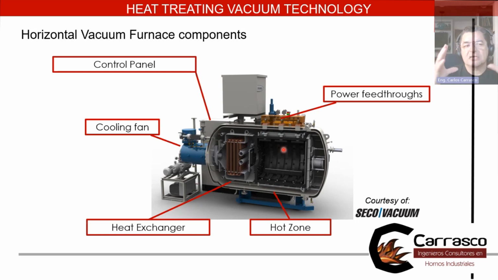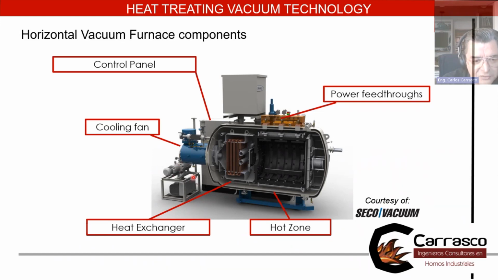So in the vacuum furnace, the distortion is controlled much better because I heat up in a 360-degree mode, and then I cool down again at 360 degrees. So vacuum furnaces are very good to control distortion.